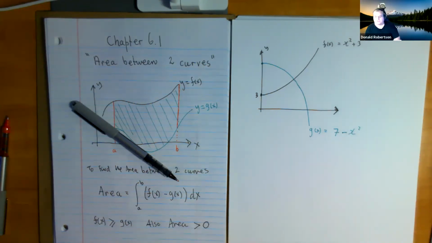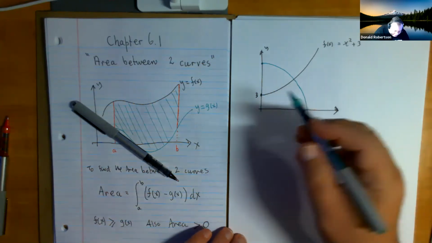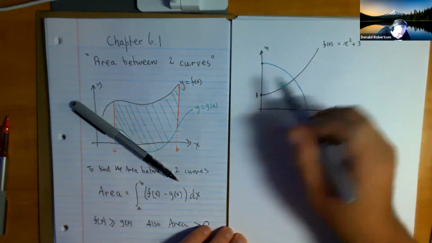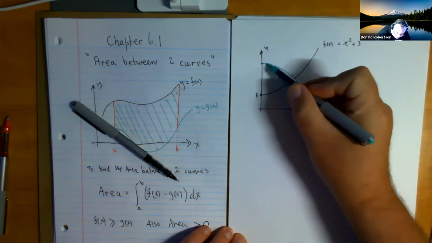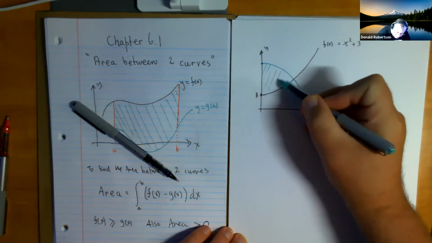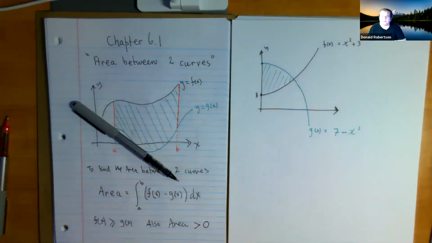Make g of x 7 minus x squared. And let's assume that we're being asked to find that area between the two curves.